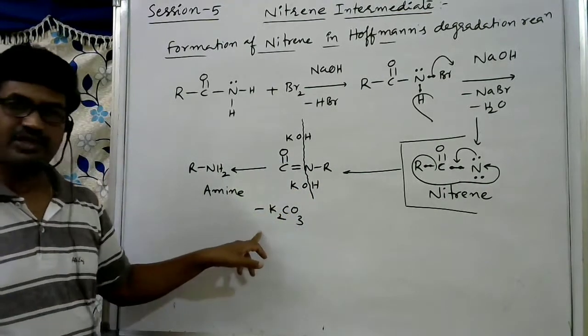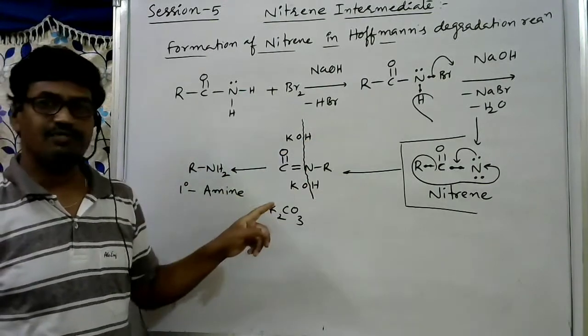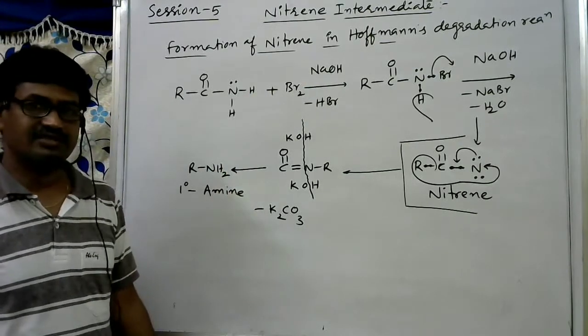After elimination of K2CO3 we can get the primary amine. This is the Hofmann hypobromide reaction, otherwise Hofmann's degradation reaction.